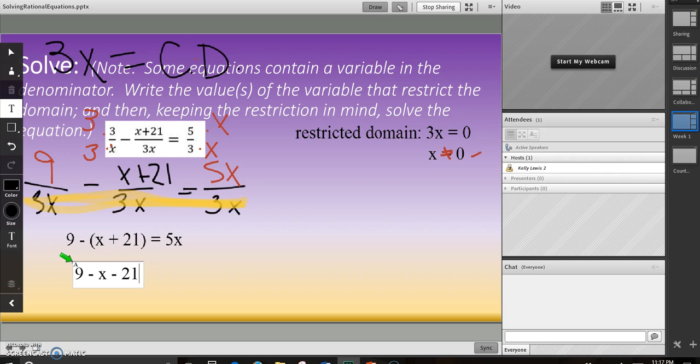Negative times 21 is negative 21. And so that's where I am. 9 minus x minus 21. Combine like terms. So 9 minus 21. It's negative 12.